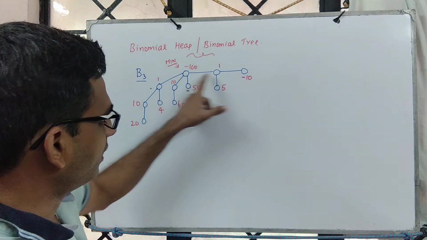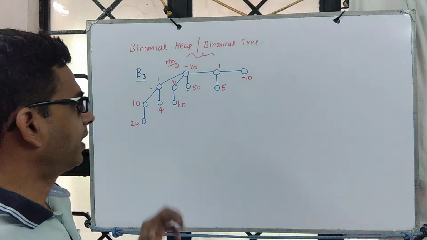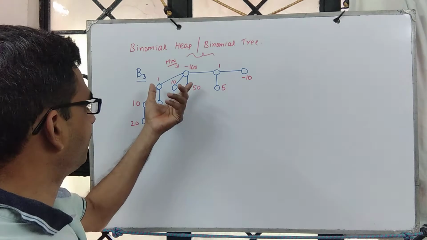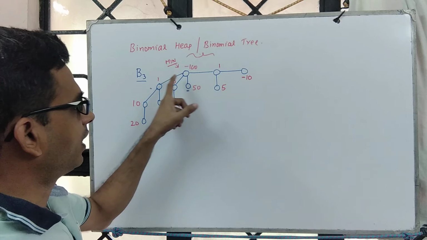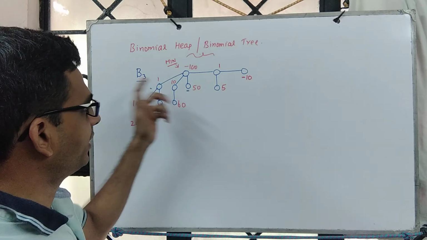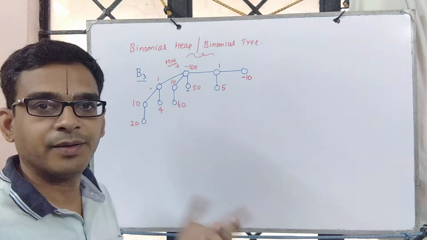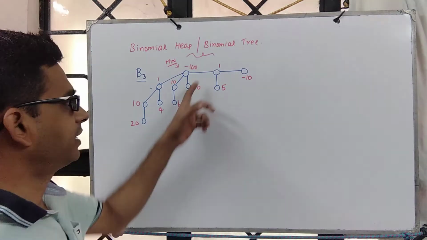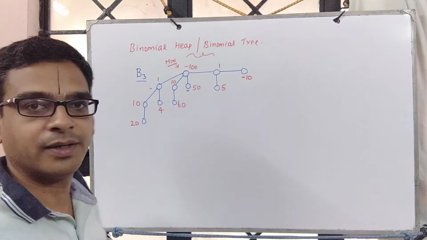Otherwise, one has to scan the root list to find the minimum. That is easy to see, right? For each of these binomial trees, the minimum is at the root. And now, for a binomial heap, the minimum can be from any one of the binomial trees present at the root list. So one has to scan the root list to get the minimum.